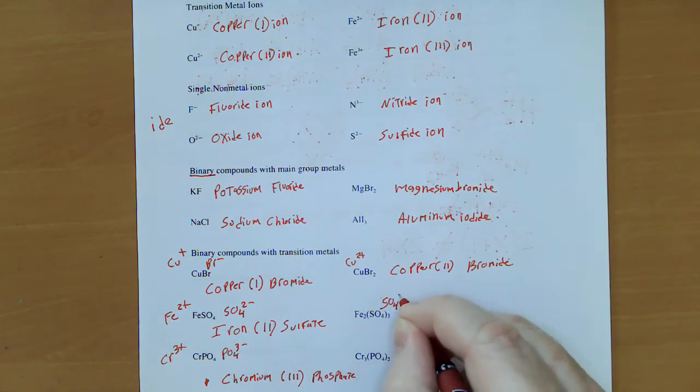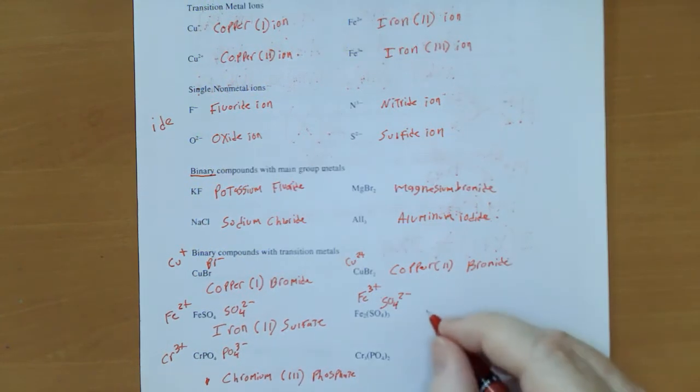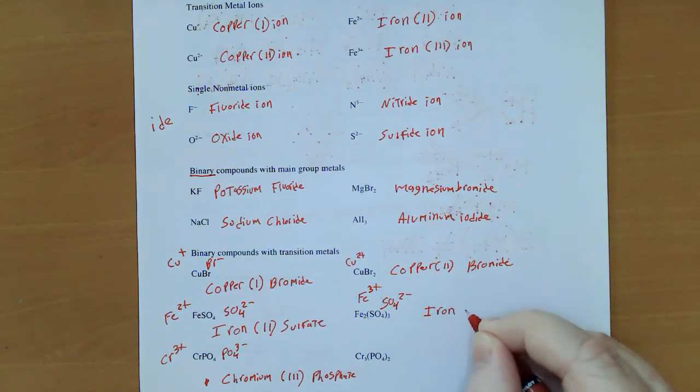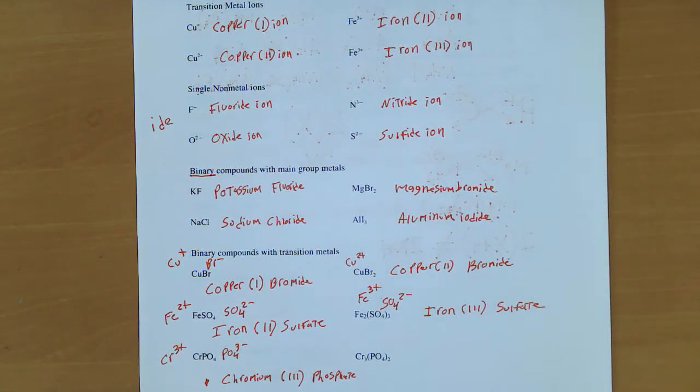We've got SO4 2 minus, but we must have Fe 3 plus. So this one is iron 3 sulfate. Now here, this one must be chromium 2 phosphate.